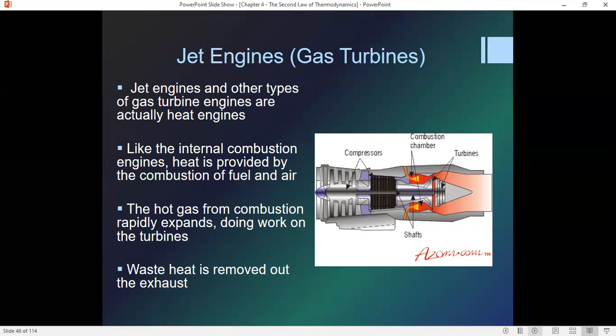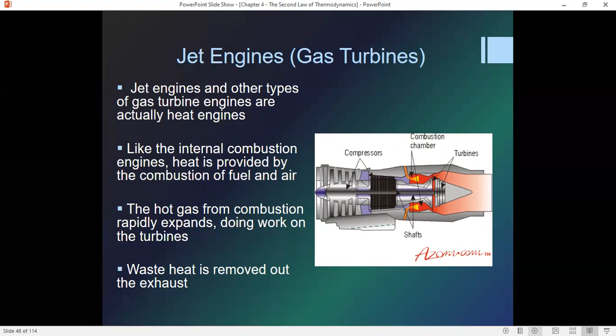This is also similar to what would happen, at least partially, in the turbine of a power plant, although in a power plant, you don't have internal combustion like you do here. But again, in a turbine, you're allowing the gas to expand, and as it expands, it does work on the turbine blades, and this work is used to power a system.